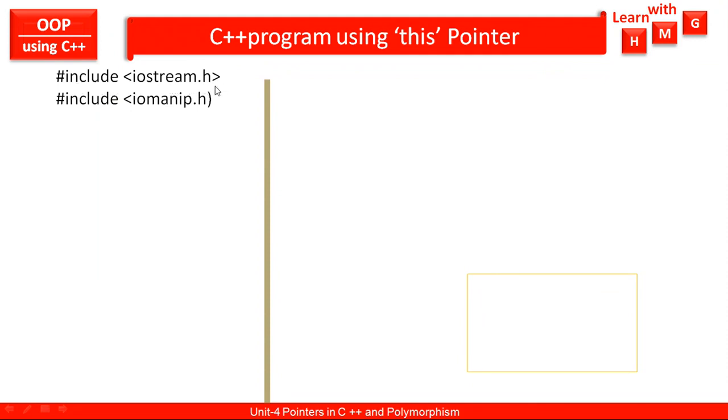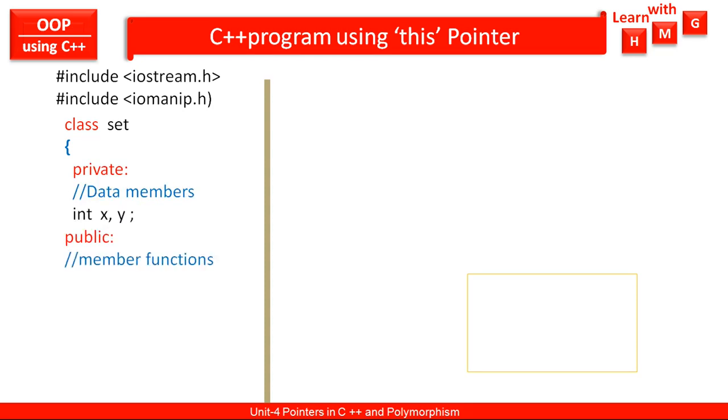So first of all, let us include iostream.h, iomanip.h, the required header files. Now I am declaring a class set having two data members x and y of integer type in the private section. Then in the public section I am declaring two member functions, getData and greater.